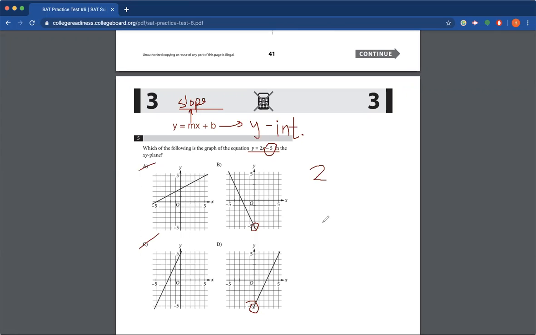Whenever we have a positive number, our line goes upwards. If you have a negative slope, our line goes downwards. So over here we have a negative slope, but 2 is positive, so that's not the answer. And over here we have a positive slope, so that's our answer because it goes upwards. Did you get that?